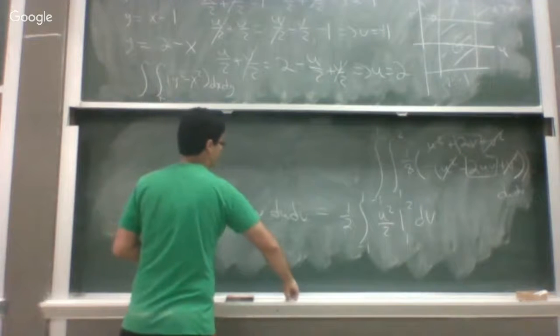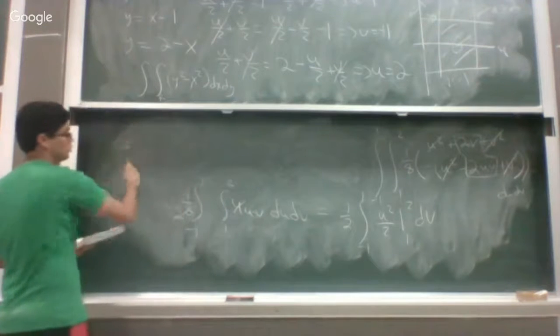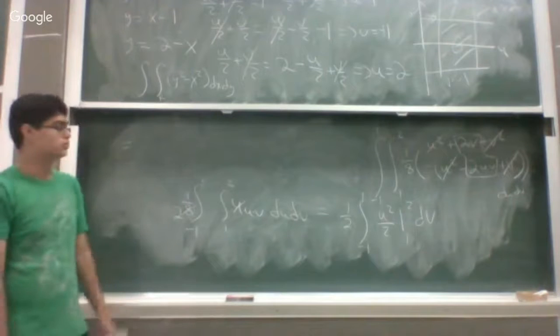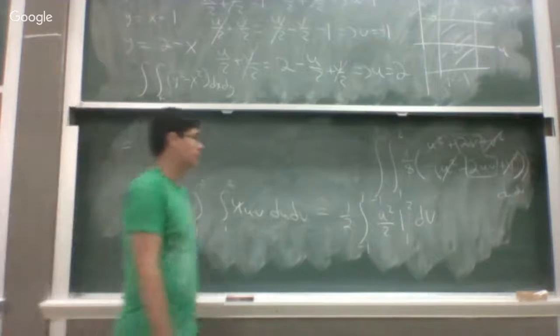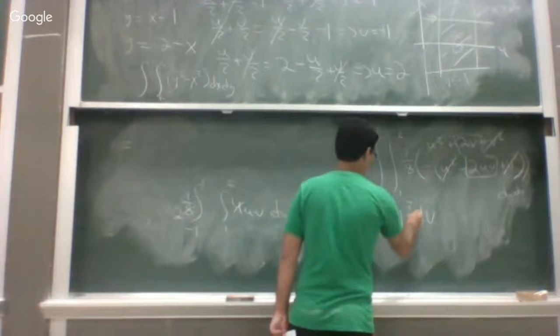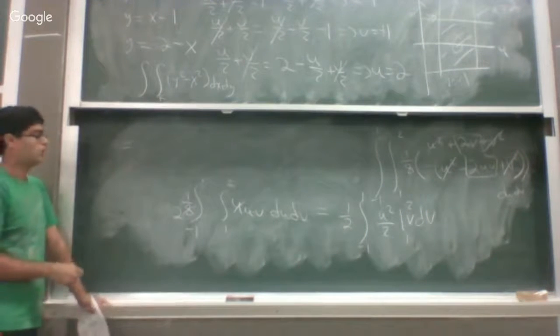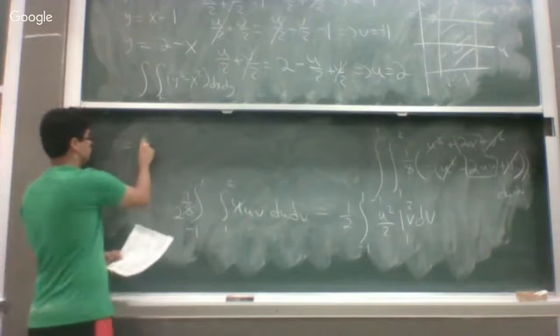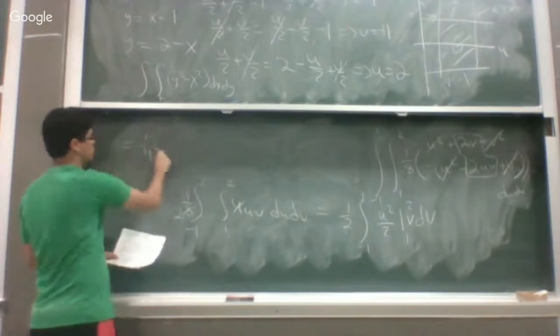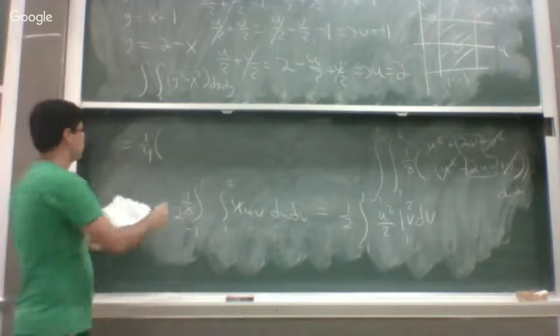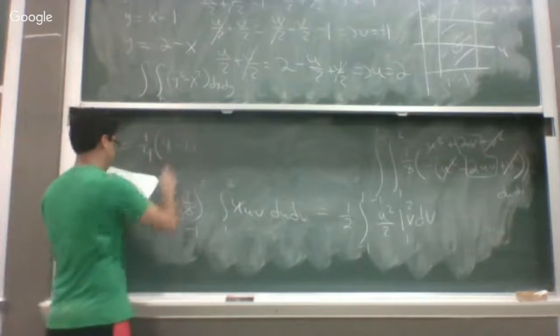So I'm going to write up here now. So we have 1/4. Hey Daniel, are you also supposed to have a v in that 1/2? Yeah, sorry. So we still have a v that we work with. Thanks. So we have 1/4 times 2 squared, which is 4, minus 1.